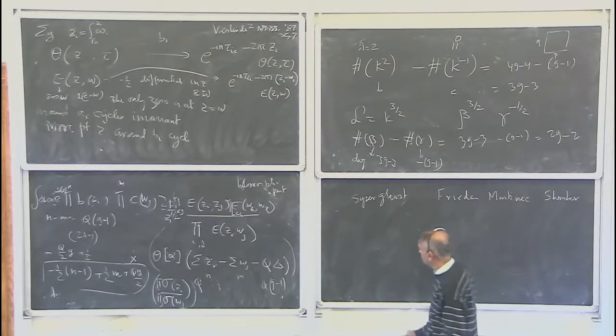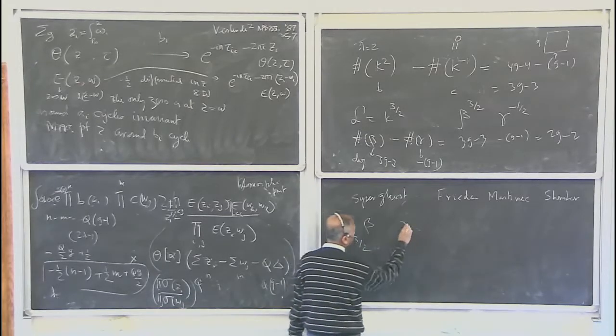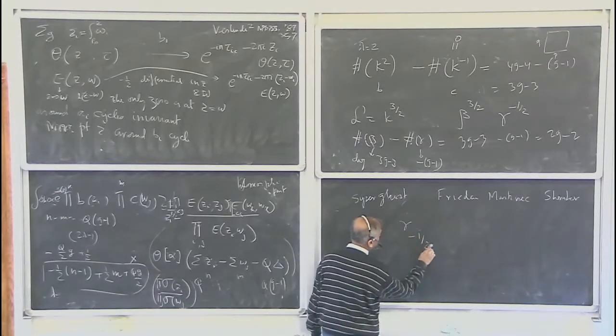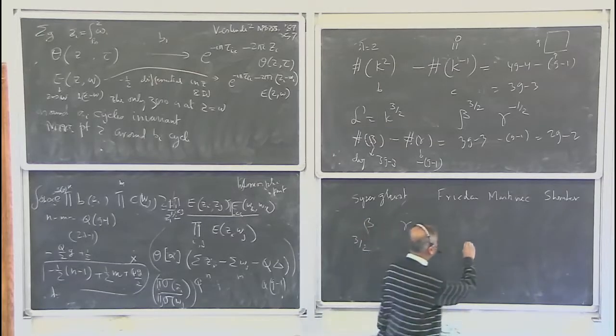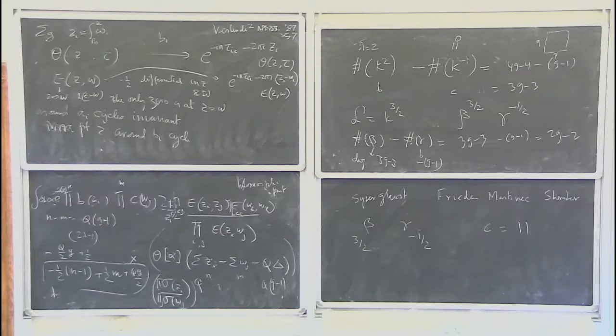This is a bit more complicated. So beta is dimension 3/2, and gamma is dimension -1/2. And the total central charge of this system is 11. That's why the superstring is a critical string, right?